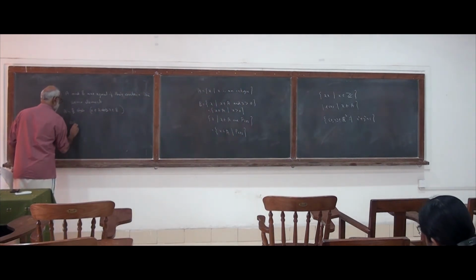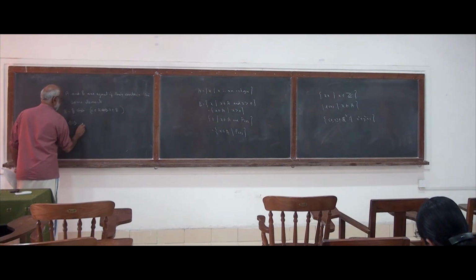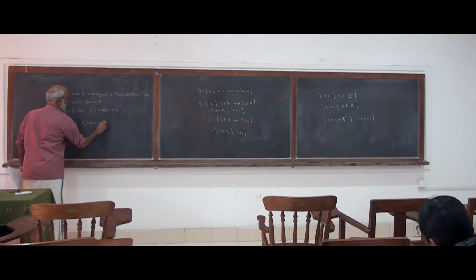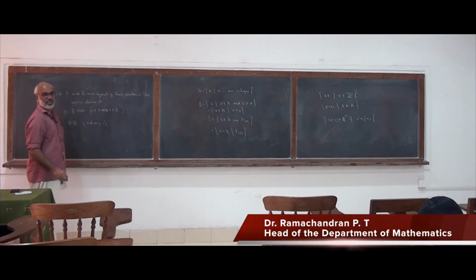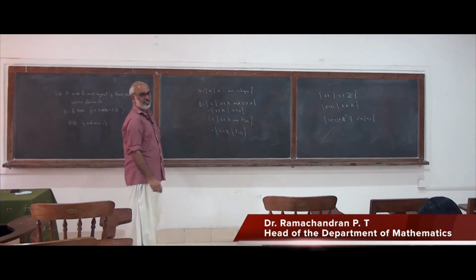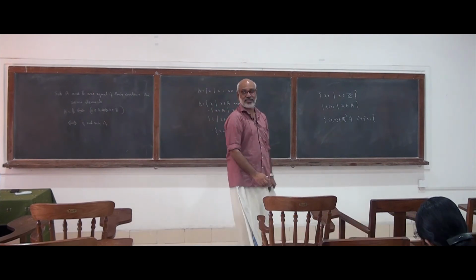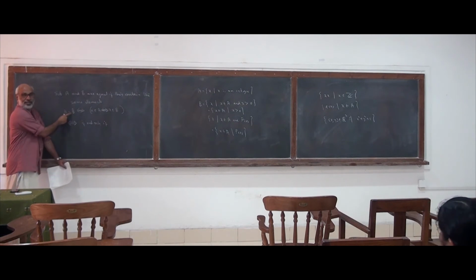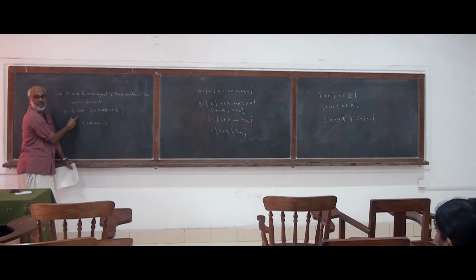This symbol, this is if and only if, or implies and is implied by. This means that the statement to the left of that and the statement to the right of that are logically equivalent. If this is true, this is true. If this is true, this is true.